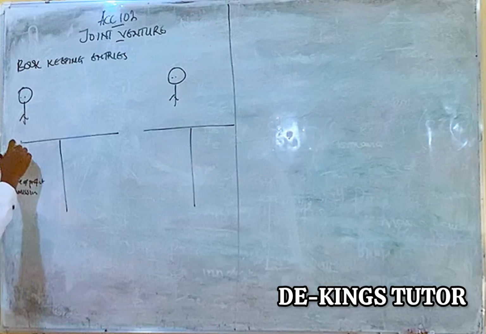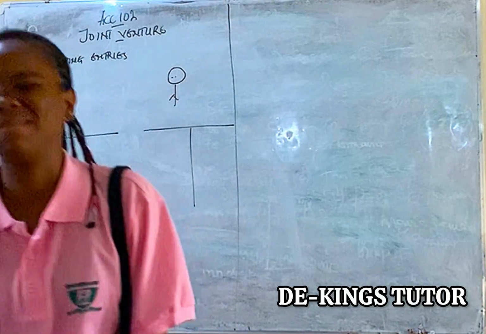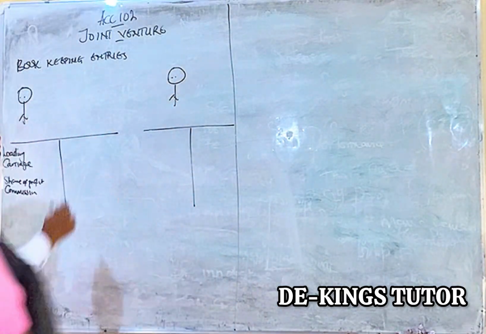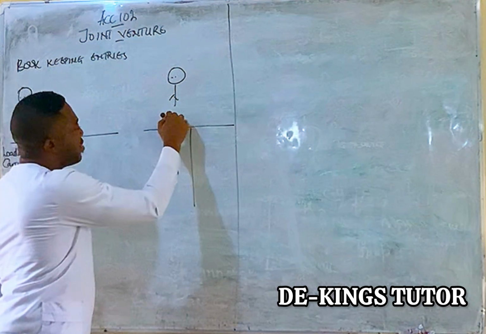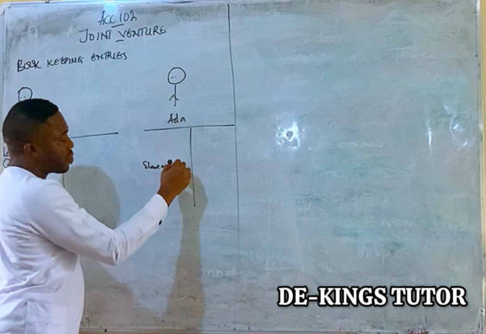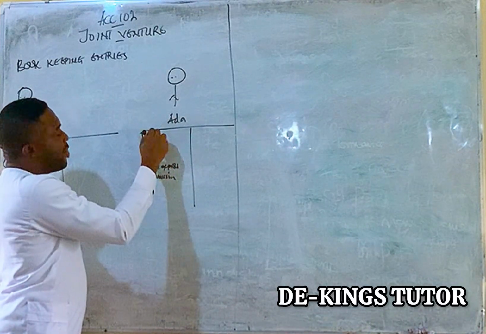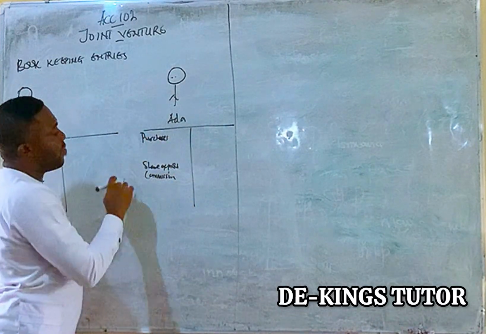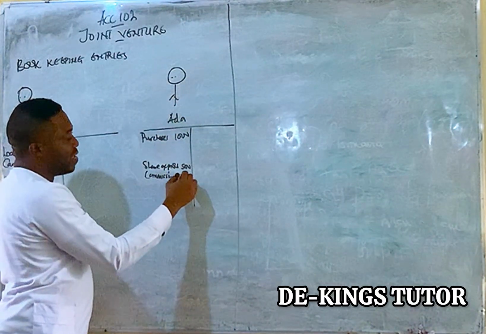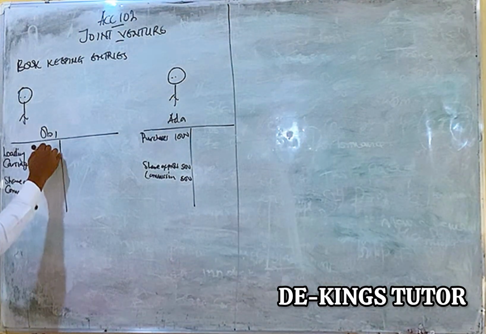Okay, let's say, for instance, this person paid for loading, this person paid for carriage. The same thing, this can have a share of profit, commission. This person paid for purchases, and this is 1,000. Let's say share of profit is 500, commission 500. This is 500.